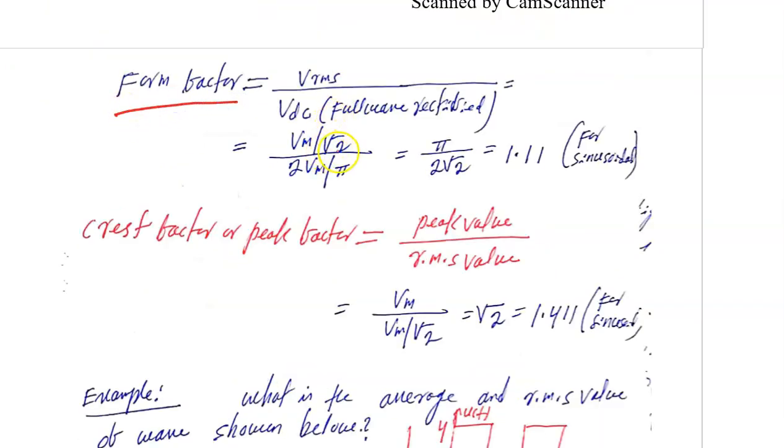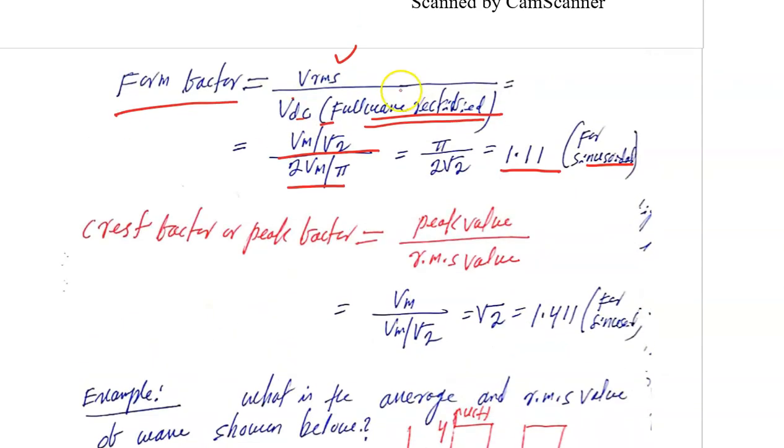Form factor is defined as RMS value upon DC value of full wave rectified wave. If we take the sinusoidal wave, the RMS value of the sinusoidal wave is Vm upon root 2 and the DC value of the full wave rectified wave is 2 Vm upon pi, that is pi upon 2 root 2, which is 1.11.